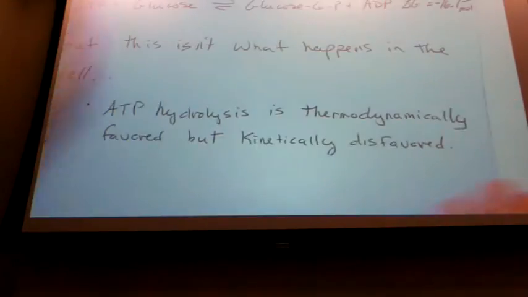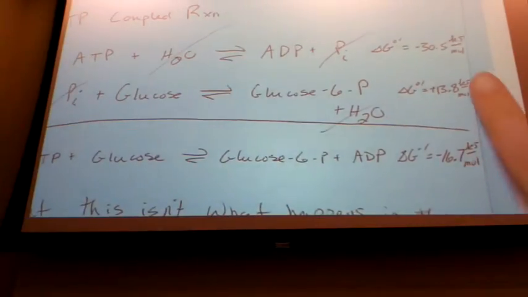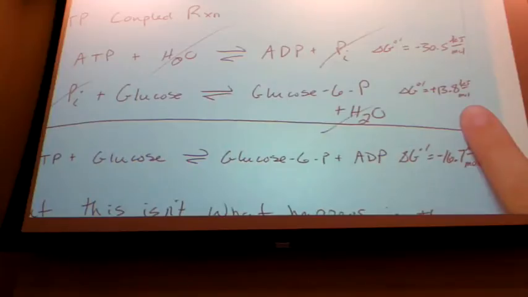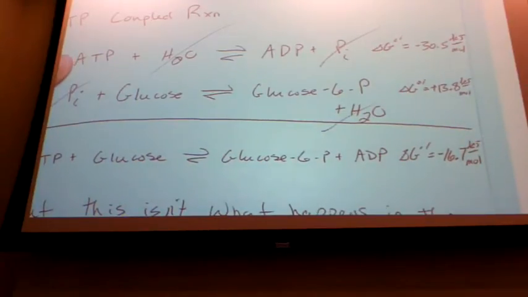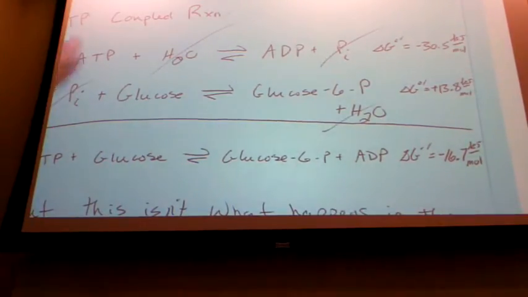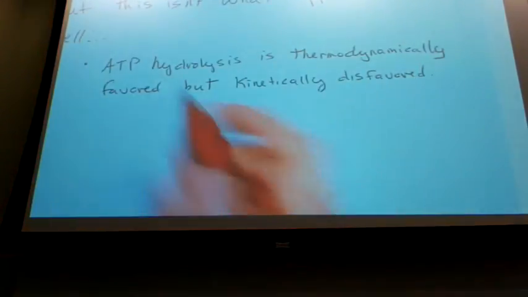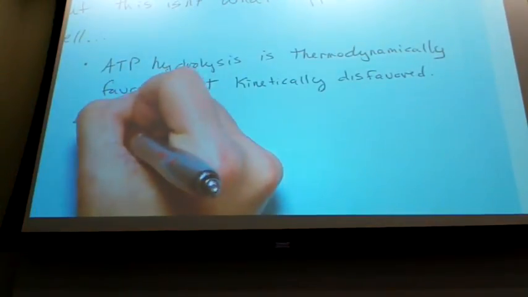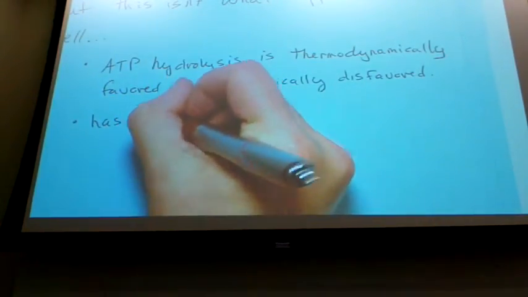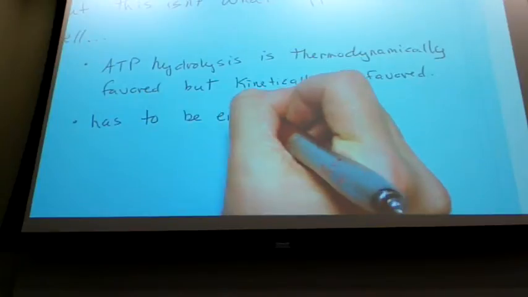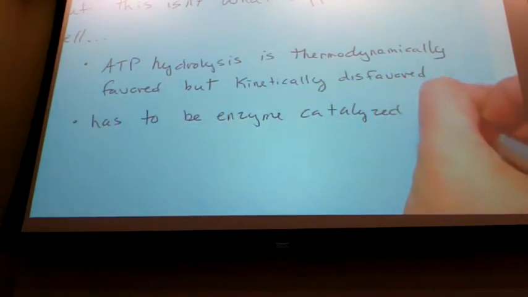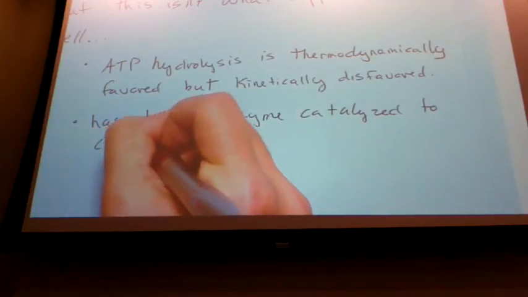So, if we had a process in the cell where we needed to couple these two reactions together, the cell cannot wait for ATP just to hydrolyze itself because it's not going to happen, not on a time scale that's useful. So because of this, it has to be enzyme catalyzed, to couple these processes.